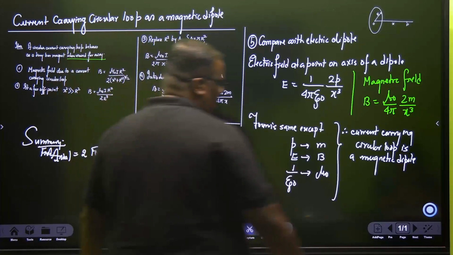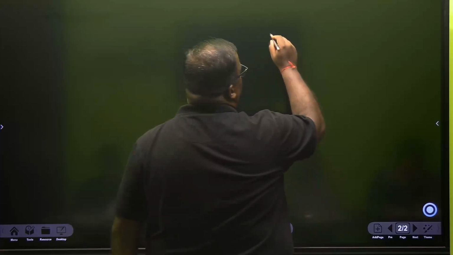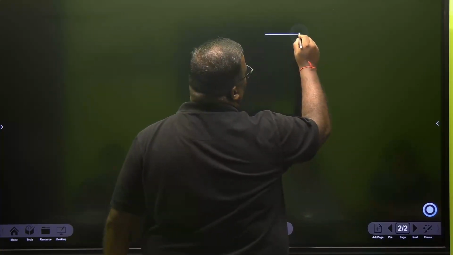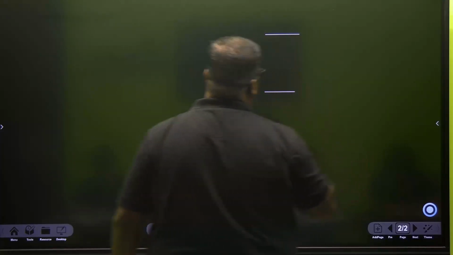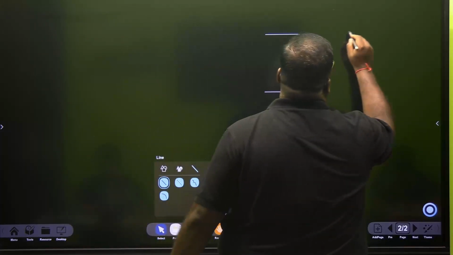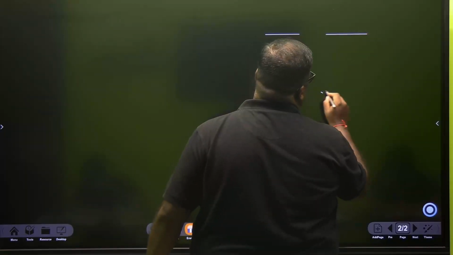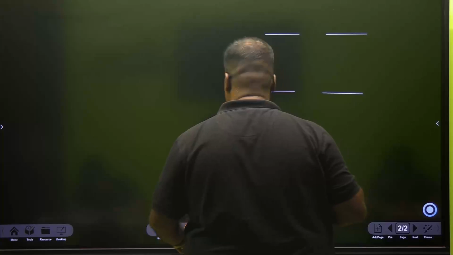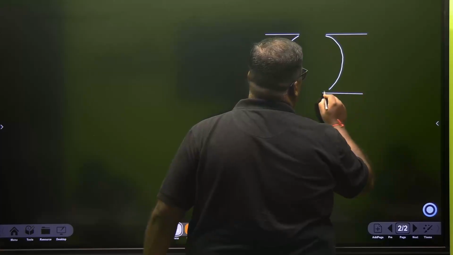Okay, so a little bit drawing is there. So let's make our diagram first of the moving coil galvanometer. Quite easy, children. All you need to make is some magnets.